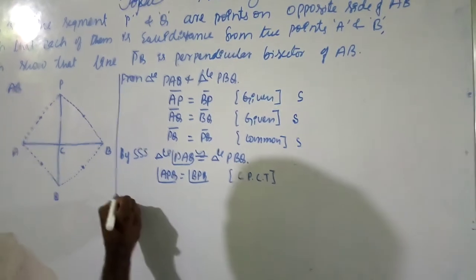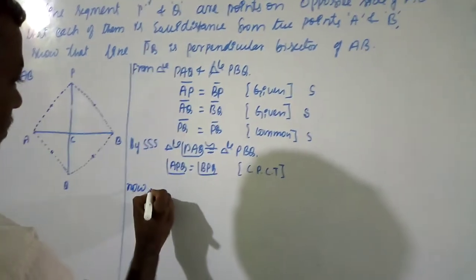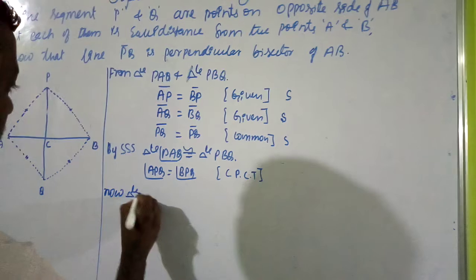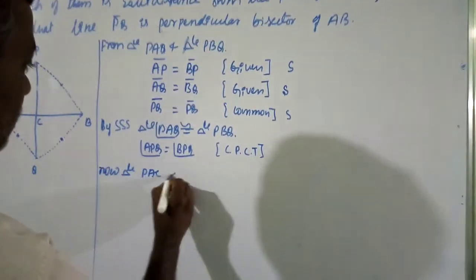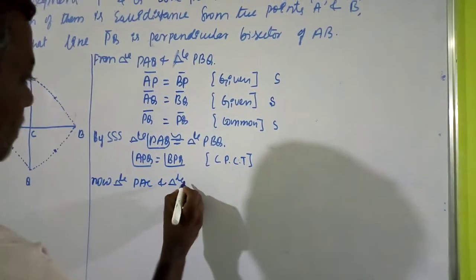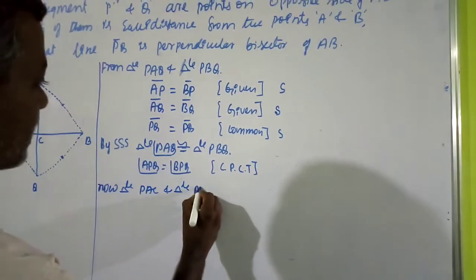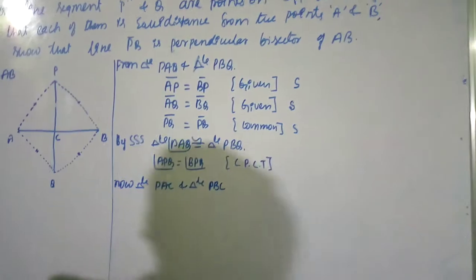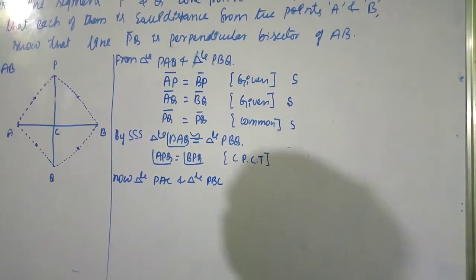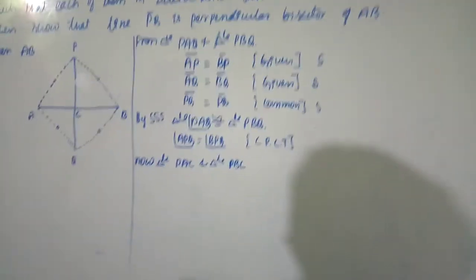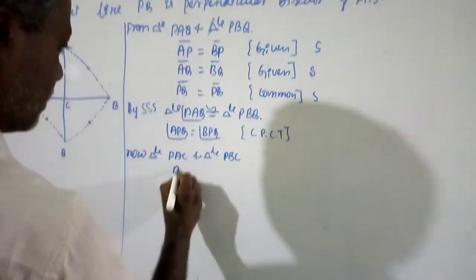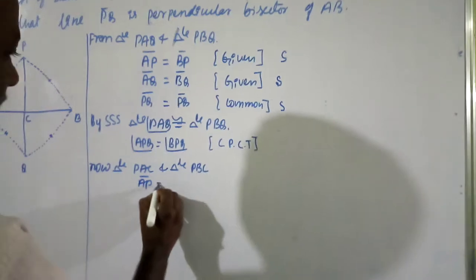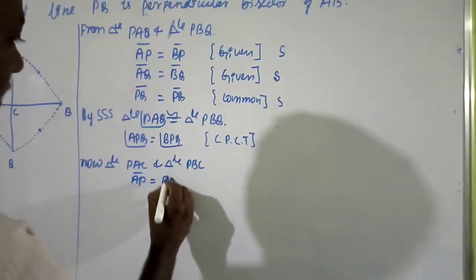So next, now triangle PAC and triangle PBC you can take. Okay, so in this just see here, this is AP, side AP is equal to side BP.